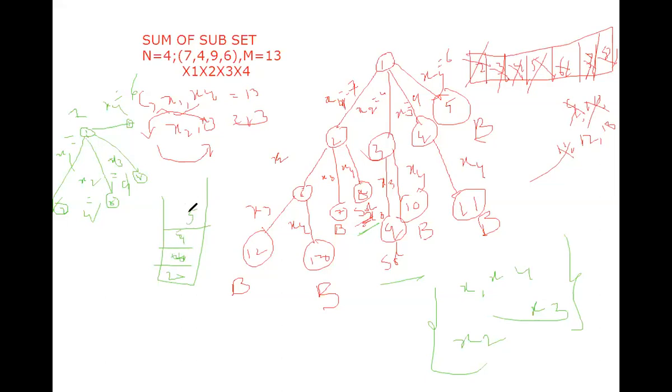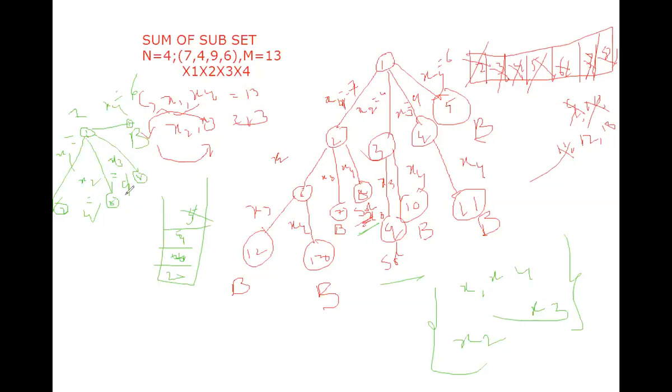So last in first out. We move directly to the sixth. After 6, is there any element? No. So here a bounding function occurs. So after 2, 3, 4, 5, after 5 a bounding function occurs, so we remove this. Next we move to 4.